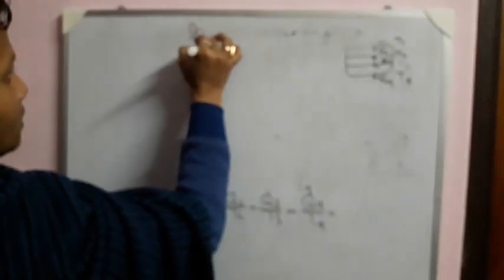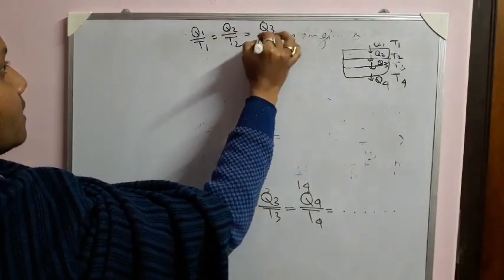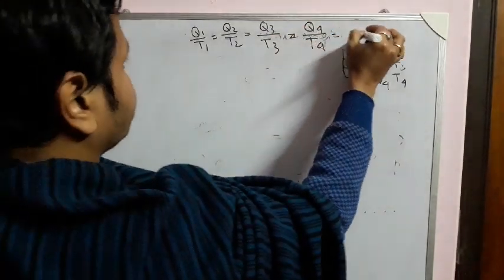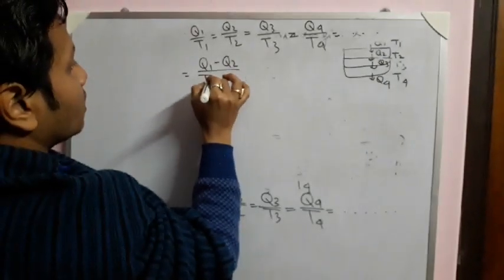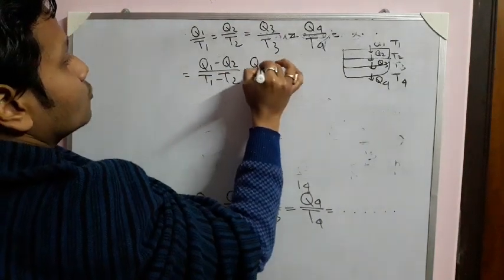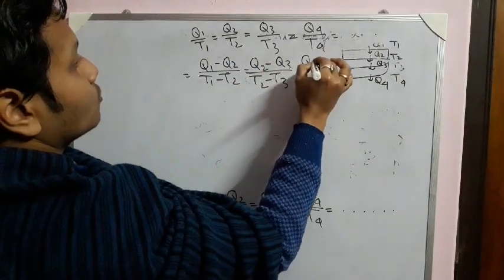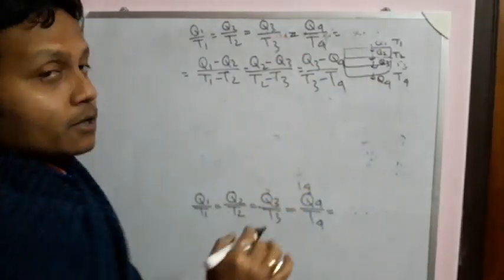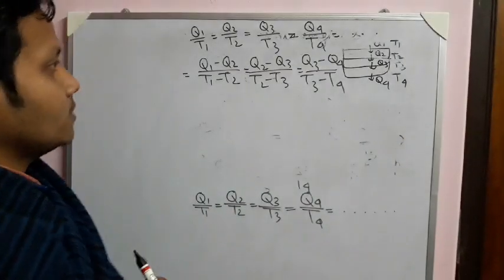I write here Q1 upon T1 equals Q2 upon T2 equals Q3 upon T3 equals Q4 upon T4, and so on. This must be equal to Q1 minus Q2 by T1 minus T2, equal to Q2 minus Q3 by T2 minus T3, equal to Q3 minus Q4 by T3 minus T4. The formula we have used here is: A by B equals C by D equals A minus C by B minus D.